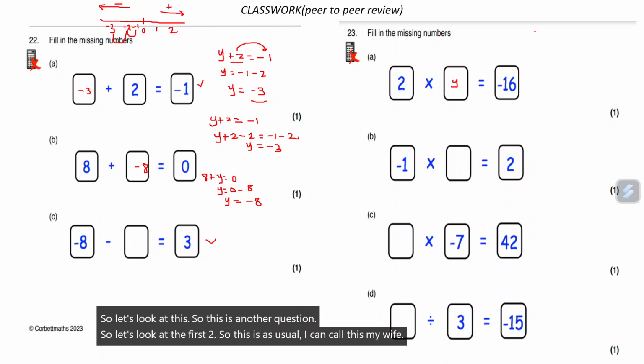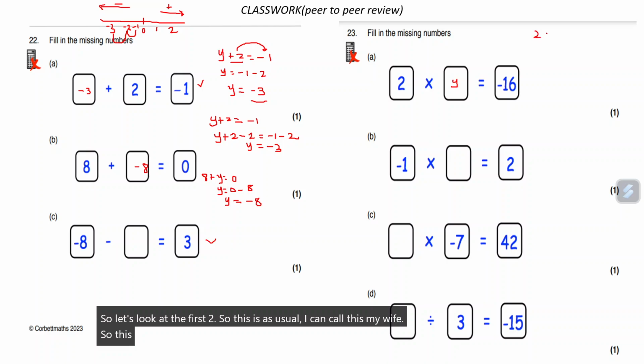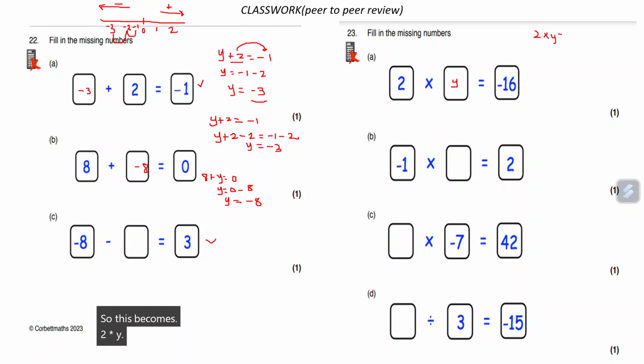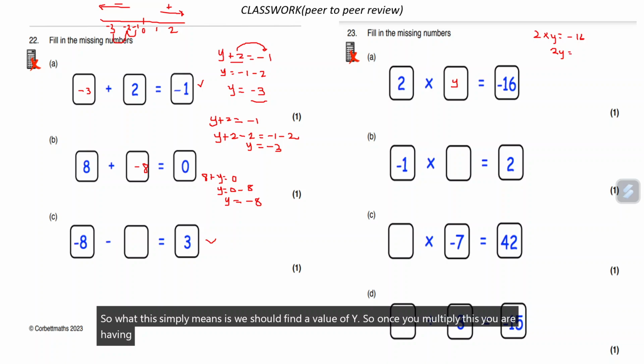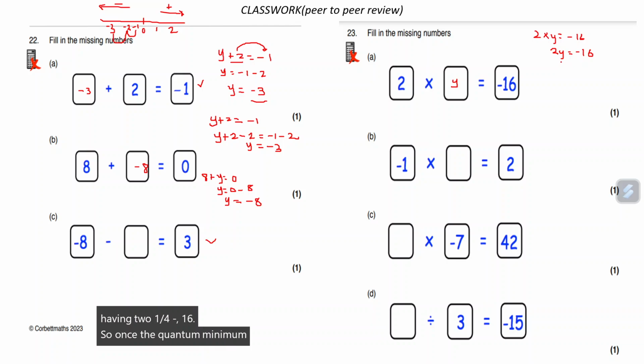So this becomes 2 times y equal to minus 16. What this simply means is we should find the value of y. So once you multiply this, you have 2y equal to minus 16. So we need to find the value of y.